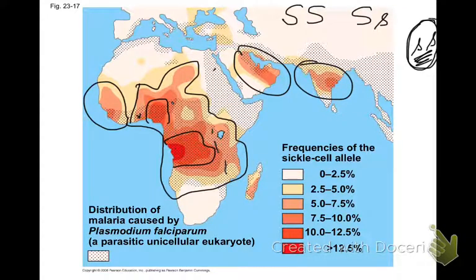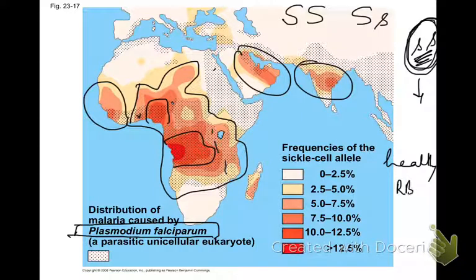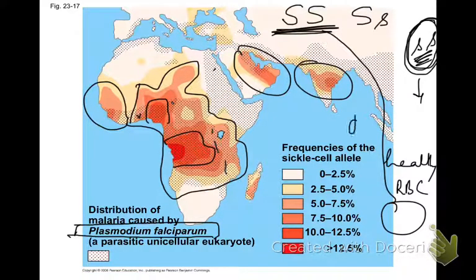The disadvantage of this particular situation is you suffer from sickle cell anemia. But you do not die of malaria, because for this organism to set up malarial infection in your system, you have to have healthy red blood cells of normal shape. So people who have no sickle cell gene would be more prone to die of malaria.